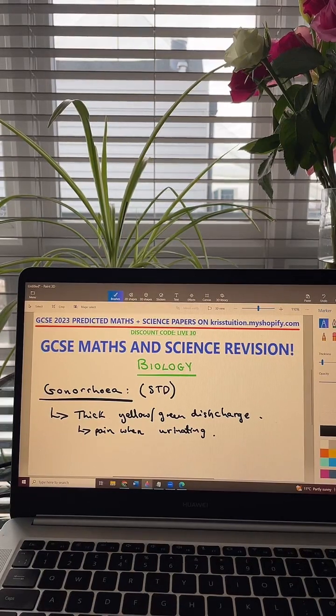Sometimes people can also be asymptomatic, so they might have gonorrhea without experiencing any symptoms. If left untreated, it can sometimes cause infertility, especially in men, because the sperm duct can become blocked with the thick discharge. It can cause a lot of problems, okay?